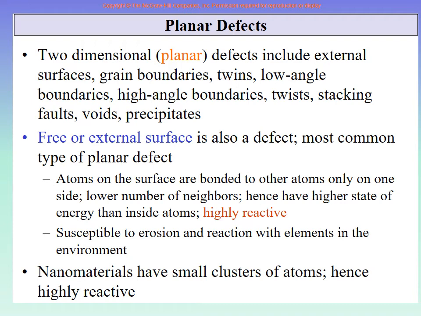If you think, it is simple. You see, if you are anywhere inside the material, not on the outer surface, then take any atom inside. On all sides, top, bottom, left, right, everywhere, there are other atoms. So if you try to dislocate this one atom, all atoms are saving it.